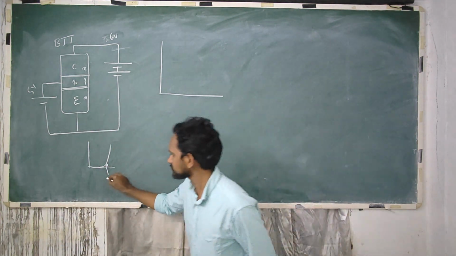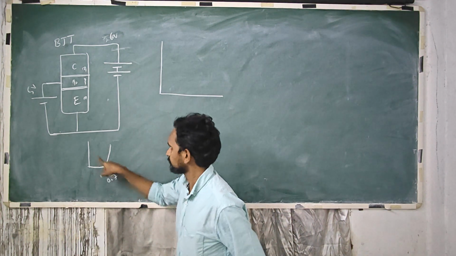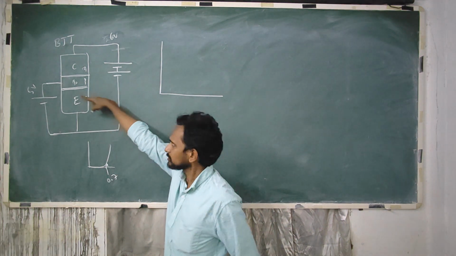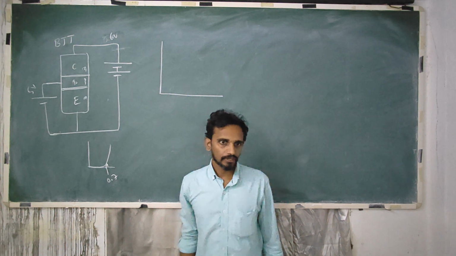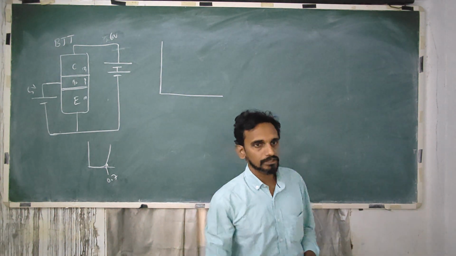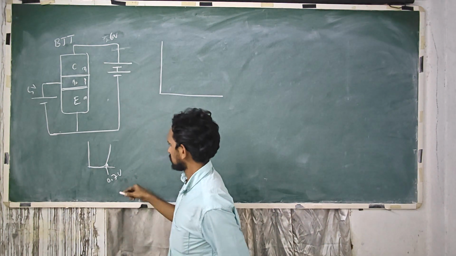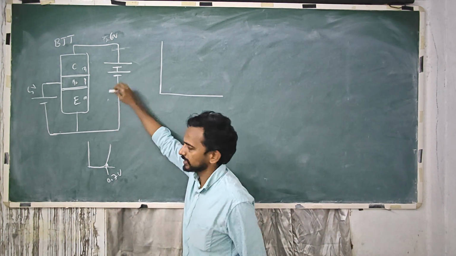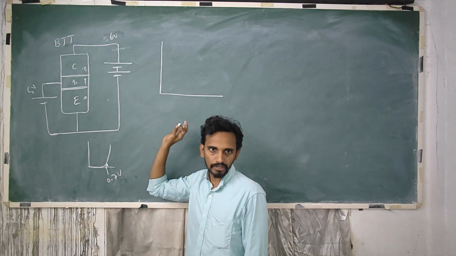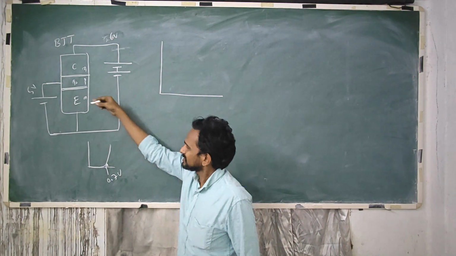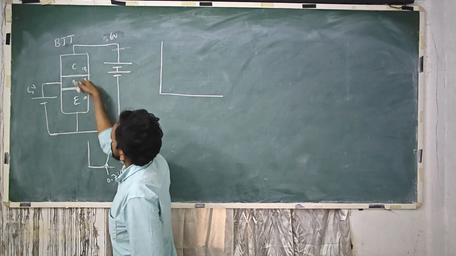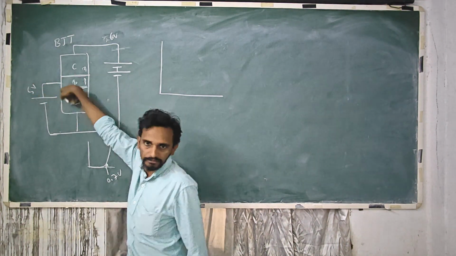So we need to give at least 0.7 volts for this junction to start conducting. Right? In forward bias, we need at least to supply 0.7 volts for starting of current conduction. Right? So since the applied voltage is beyond that, current starts flowing through this.